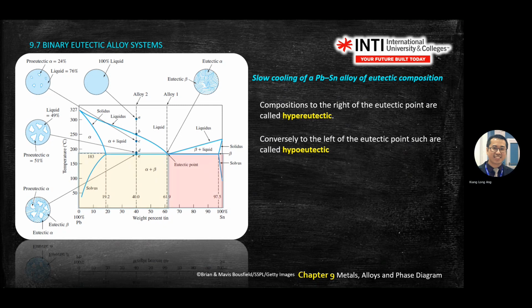Hyper means more, hypo means less. So hyper means on the far right, hypo means on the far left. Sometimes the question will ask you to mention whether it is hypereutectic or hypoeutectic.